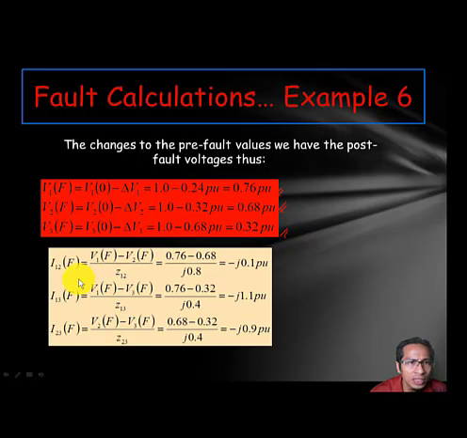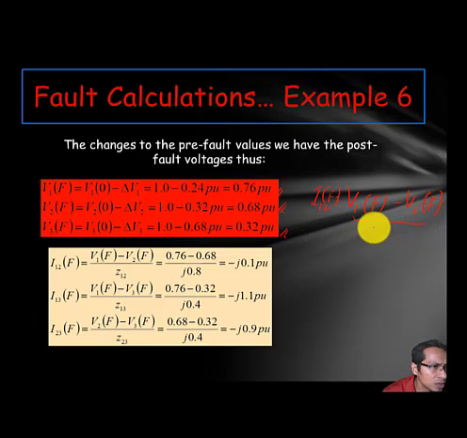As I mentioned earlier, line current I12 during faults is V1 during faults minus V2 during faults over Z12. Same goes for I13 during faults: I13 is V1 minus V3 over Z13. And I23 during faults is V2 minus V3 over Z23.